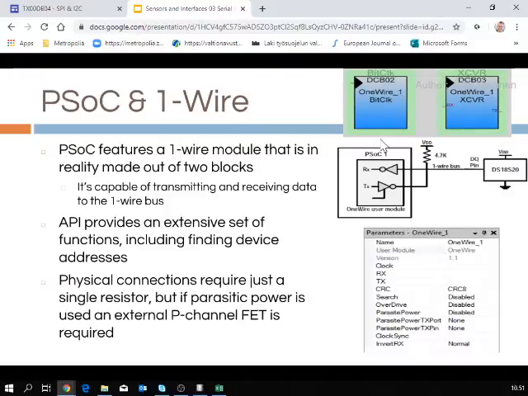Yeah. So, unfortunately, this device does not have a component for one wire. But there are plenty of examples if you ever need to do something with the one wire. It's a very simple, slow protocol that you can actually do as a software driver yourself.